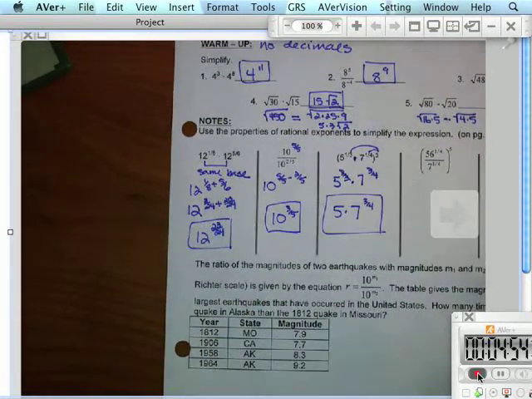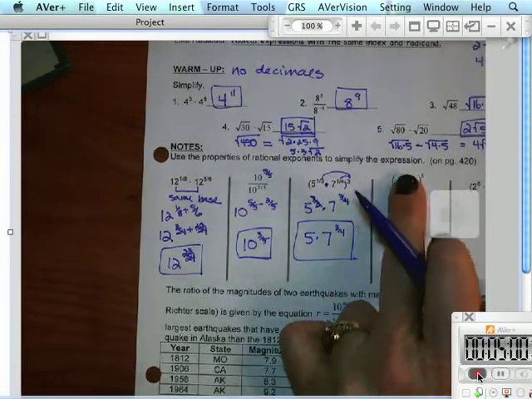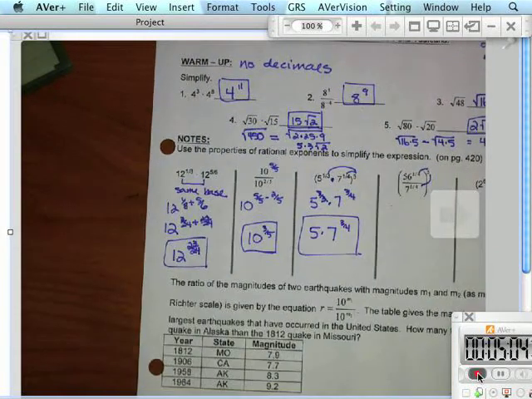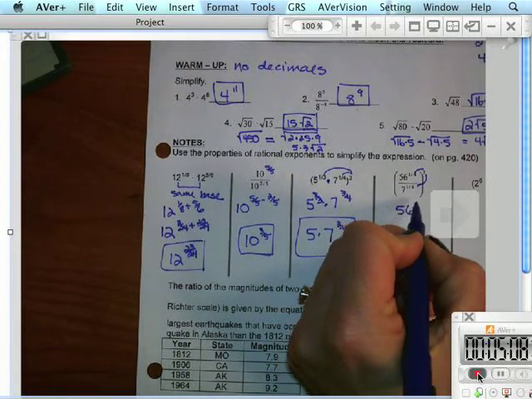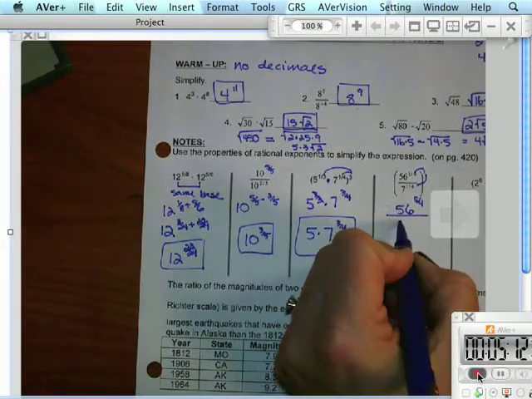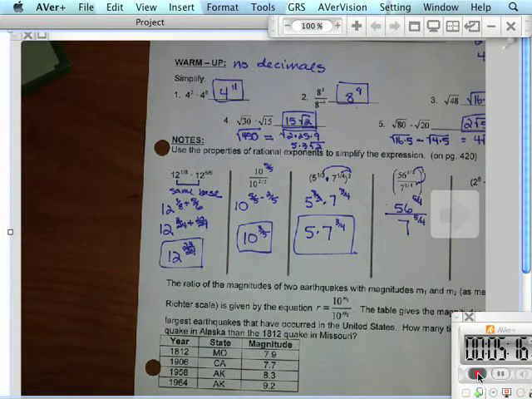All right. This one here, we're dividing different bases. We still distribute that 5 to both of the exponents. So we have 56 to the 5 fourths over 7 to the 5 fourths. Now, I think my preference would be to write it like this.